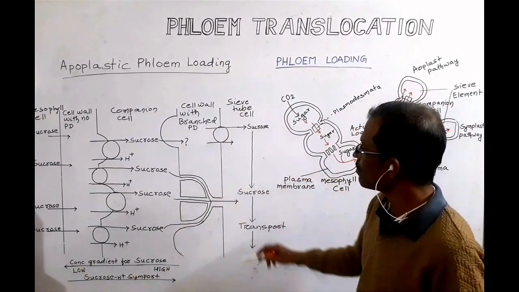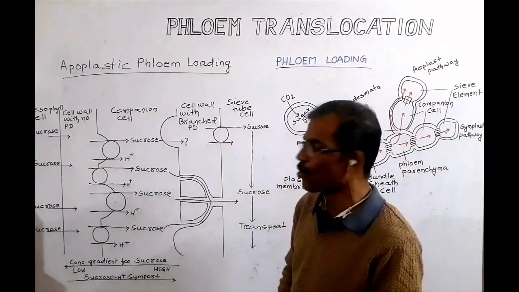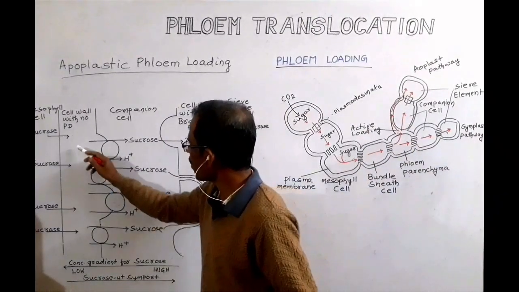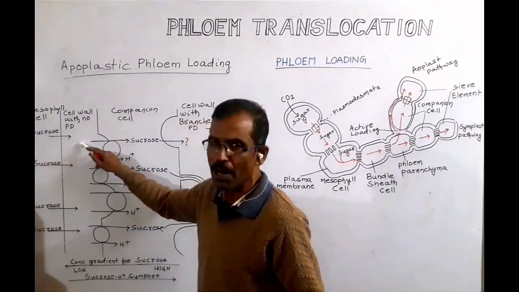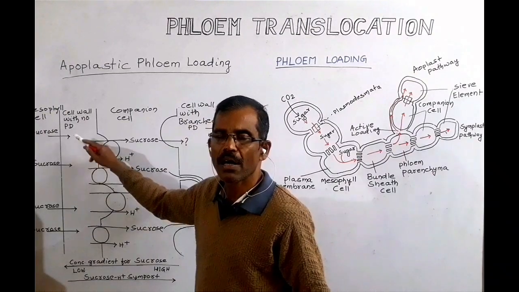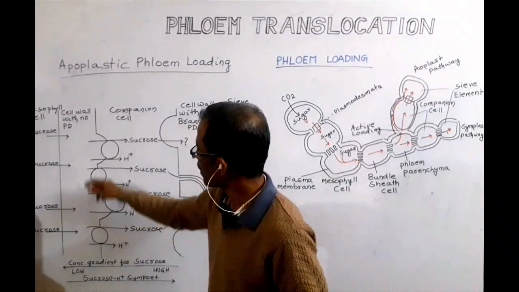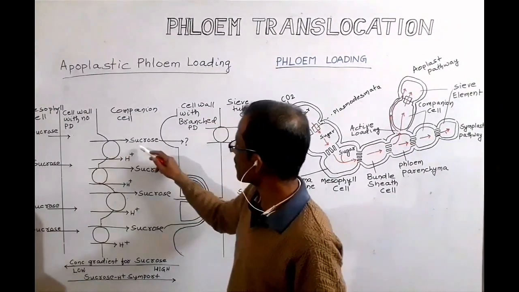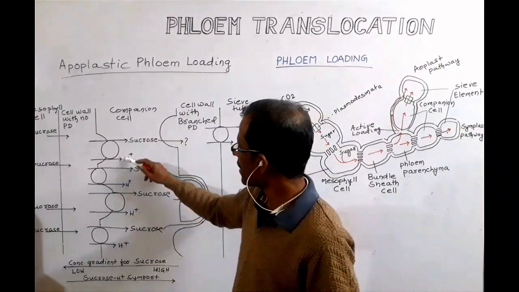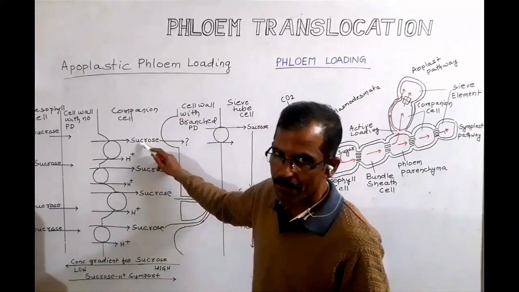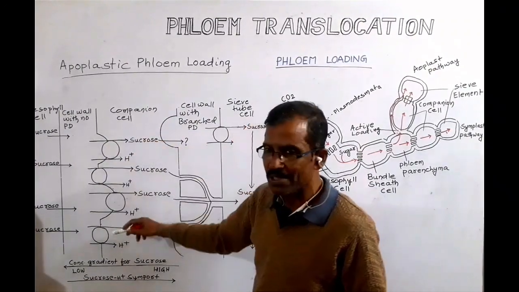the sieve tube element. So in apoplastic phloem loading, sucrose molecules are discharged from the mesophyll cell into the apoplast, possibly with the help of carriers. From the apoplast, the sucrose molecules are actively transported into the companion cell by the H plus sucrose importer, which is present in the cell membrane of the companion cell.